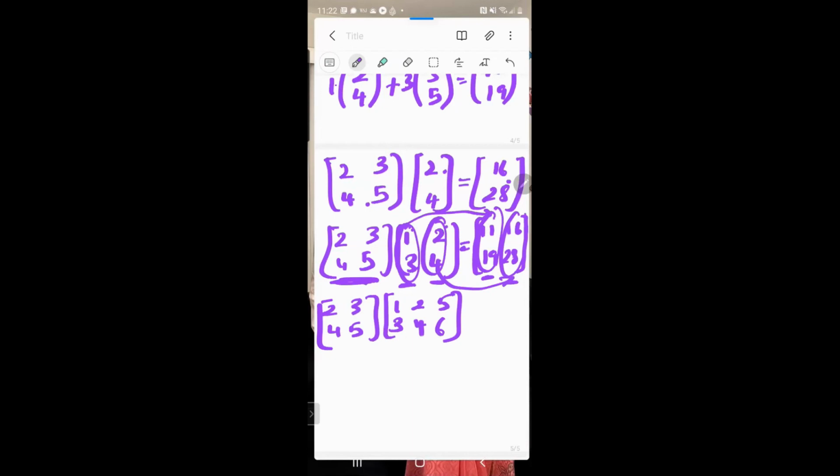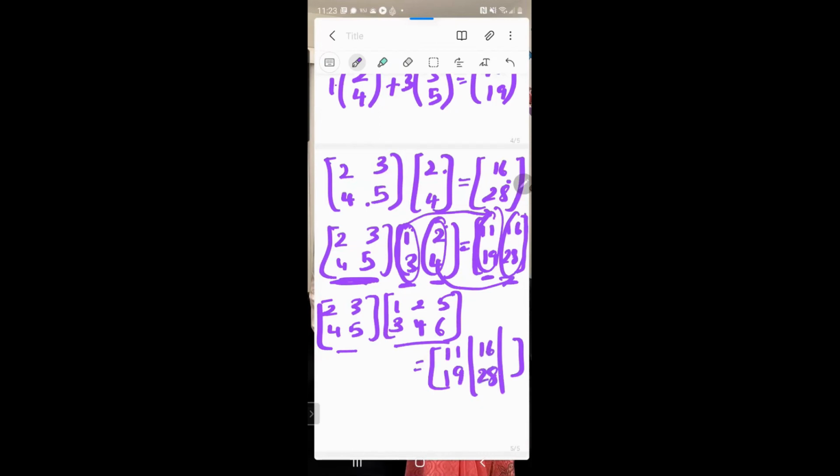So now try this one. Now I'm applying one transformation to three vectors. So what is the result? You should get 3 columns here. Obviously, the first 2 columns are the same, 11, 19 and 16, 28.